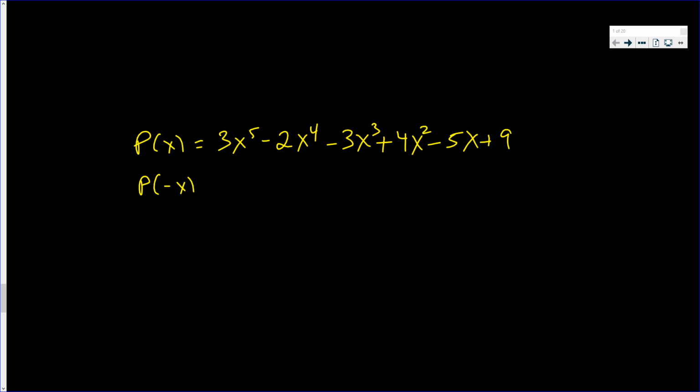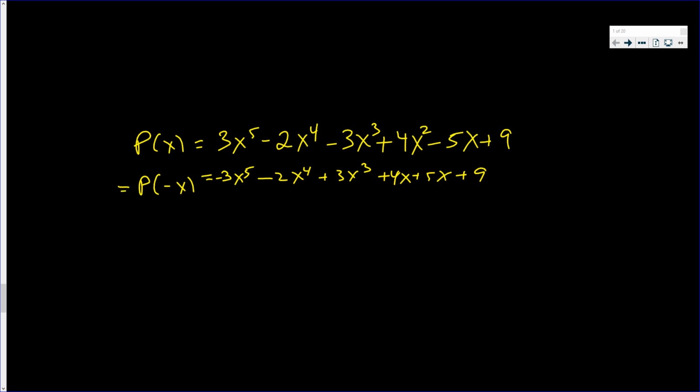Well, P of negative x will be negative 3x to the 5th minus 2x to the 4th plus 3x cubed plus 4x squared plus 5x plus 9.